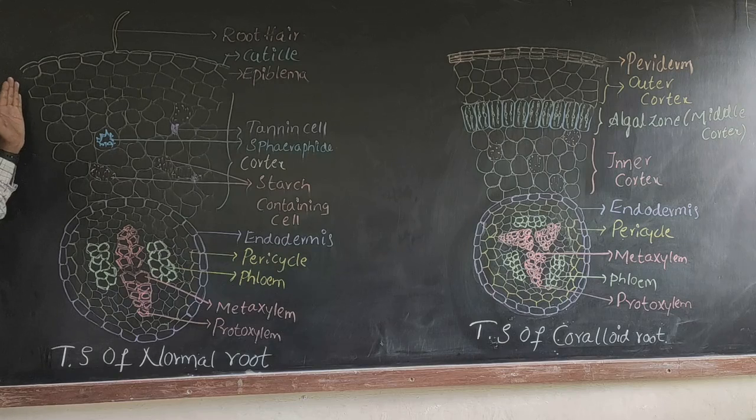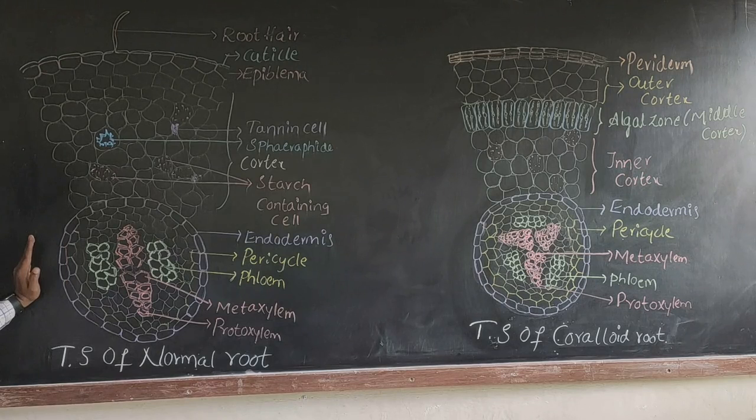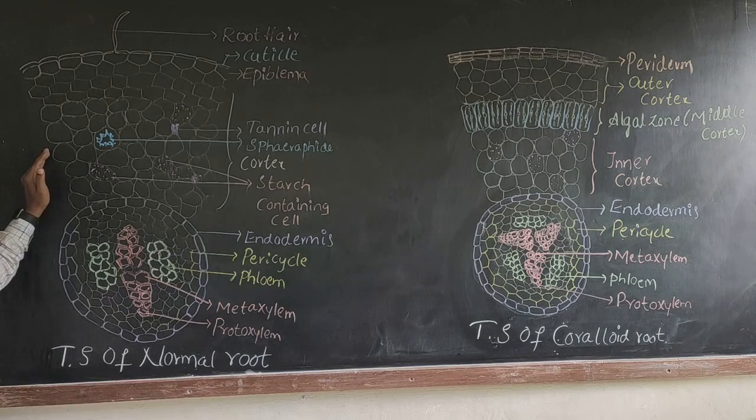The outermost layer is the epiderma, followed by a large cortex, and the central part consists of the stele, or the vascular bundle system. The central part which consists of the vascular bundles is known as the stele. So, let us see them one by one.